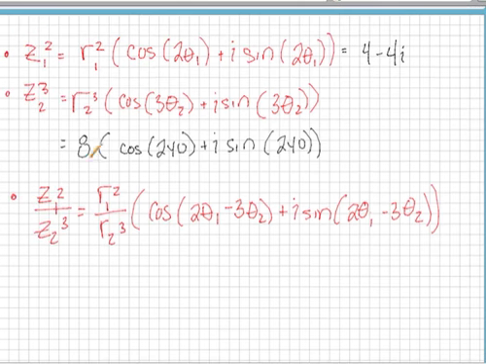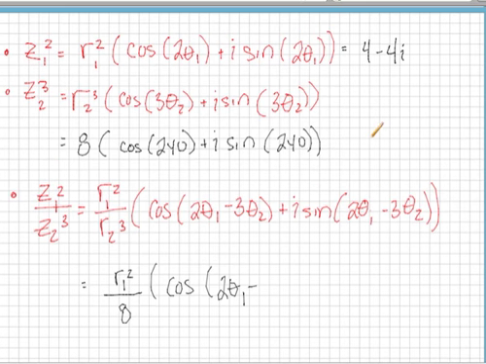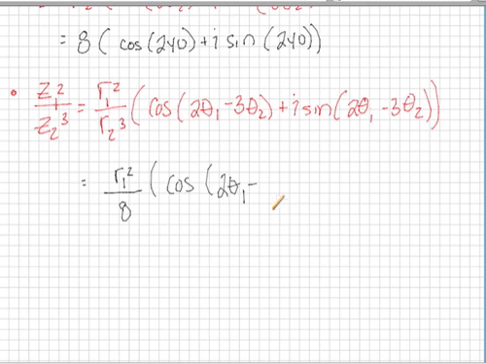So we are given z2 cubed in polar form already. So this is equal to r1 squared, which we don't know yet, over 8 times cosine of 2 theta 1, which we don't know yet, minus 3 theta 2, which we know to be 240 degrees, plus i sine of the same angle.